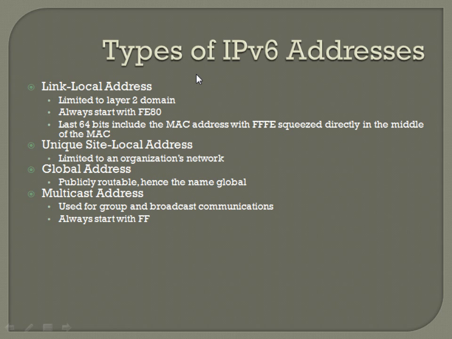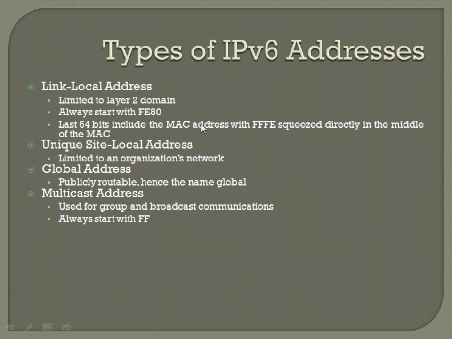So it'll be FE80 something for another 48 bits, and then the last 64 bits, the last half of that IP address, are just going to be your MAC address with FFFE squeezed directly into the middle of the MAC, if that didn't make it any more confusing for you. So that's your link local address just for layer 2.